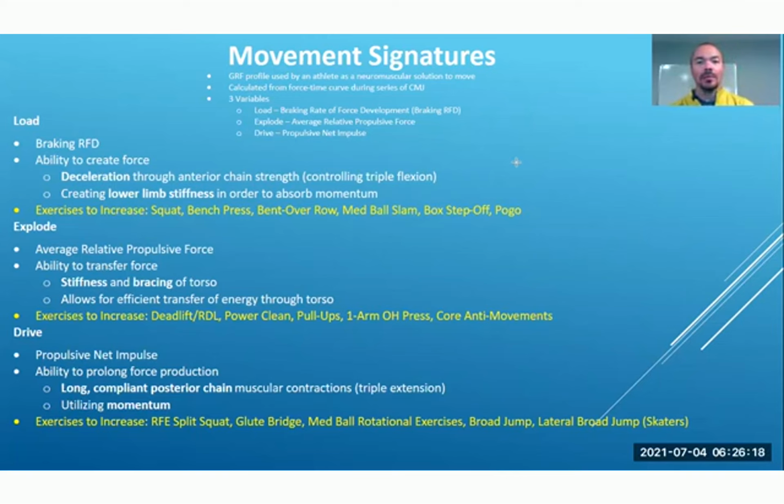What you can do is, instead of just taking these scans and these jumps and measuring them and saying, Johnny needs to work on his load, Sally needs to work on her explode, Pat needs to work on their drive, instead of just putting it out there, you can do something about it. You can take this information and you can fairly easily impact this athlete's training and try to work on their scan a little bit. So here's how you might go about it.